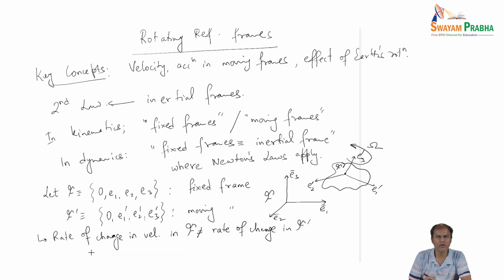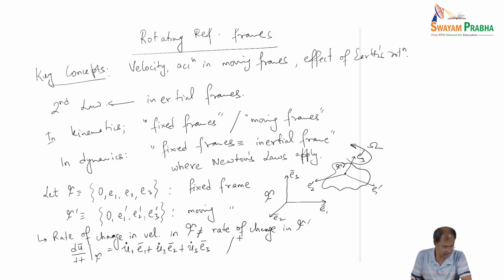Let us denote the velocities with u and try to measure the change in the velocities in the different frames. So let us see the change in velocity, du/dt, in the fixed frame F, right? In 3D space, it will have the following components: u1 E1 plus u2 E2 plus u3 E3, right?